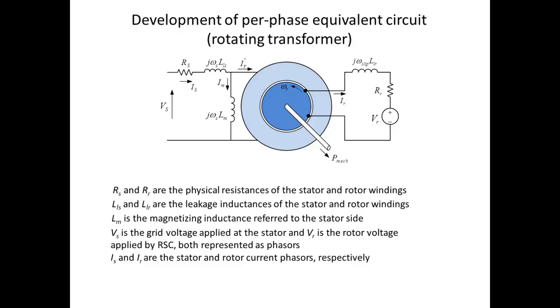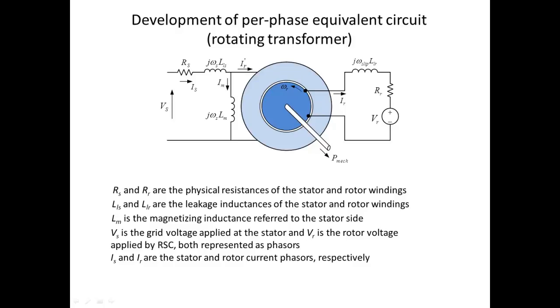Okay, so one of the main differences between the equivalent circuit corresponding to the transformer compared to the equivalent circuit that we are interested in here, which is the induction machine, is how we represent this rotating structure. In a transformer, we don't have the rotating structure, so we will remove this and put a primary winding here and a secondary winding here, and all of them will be at the same frequency.